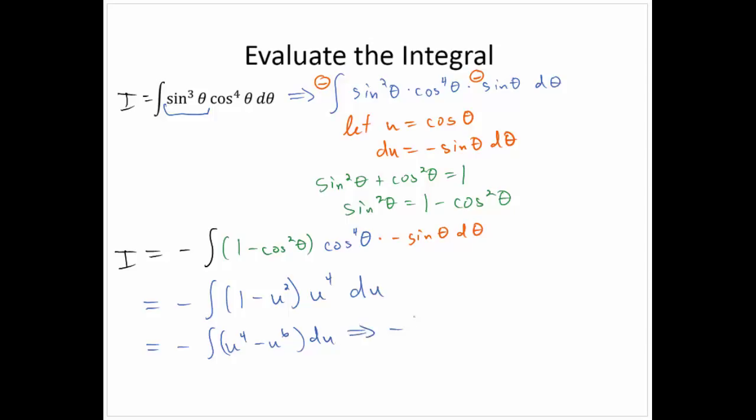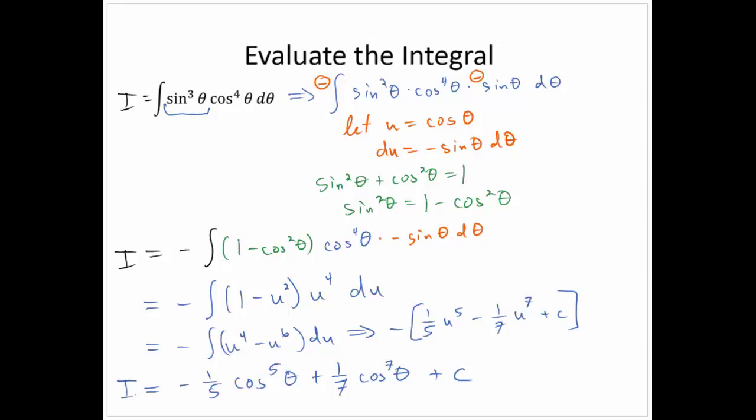So that's negative 1/5 u to the fifth minus 1/7 u to the seventh plus a constant. And so then substituting back in terms of the original variable, the integral is negative 1/5 cosine fifth theta plus 1/7 cosine seventh theta plus a constant.